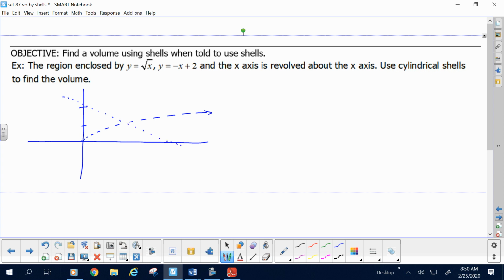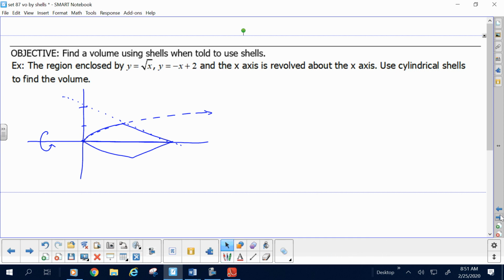The x-axis, so actually it's like this kind of region. All right, cool.